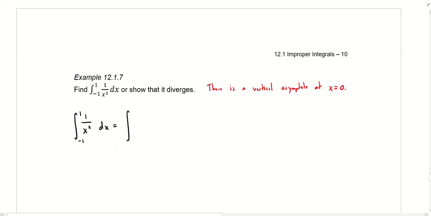One of them, I'll leave myself some space here. One of them, I'm going to integrate from -1 until I hit 0. Now 0 is the thing that causes trouble, so I'm actually going to replace 0 with r.